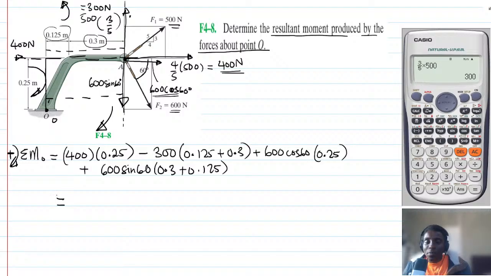Any question up to this point? Can someone quickly calculate everything and give me the answer? Leave your answer in the comment section.